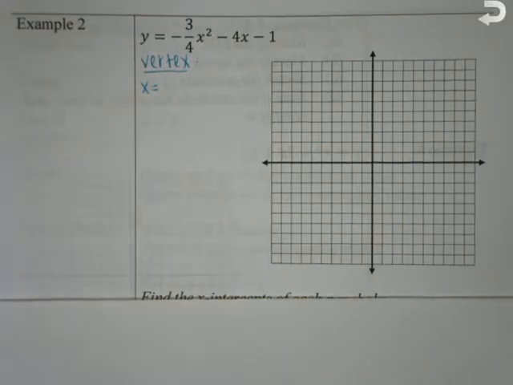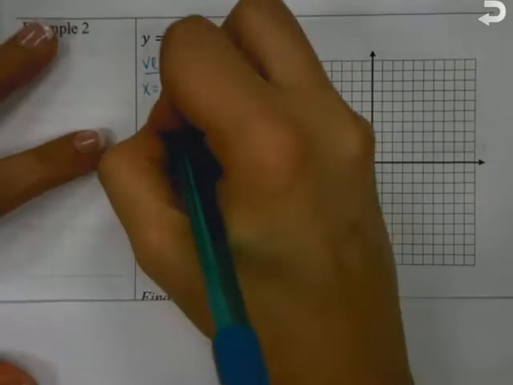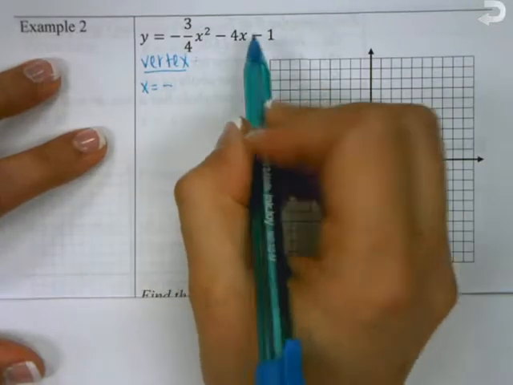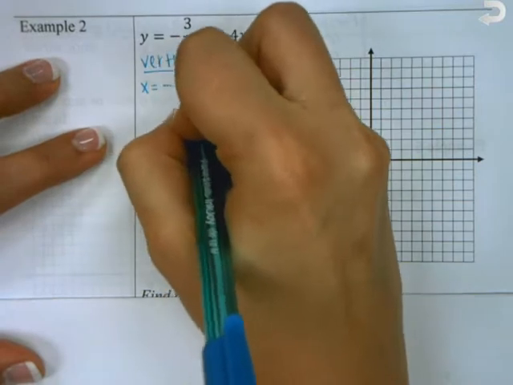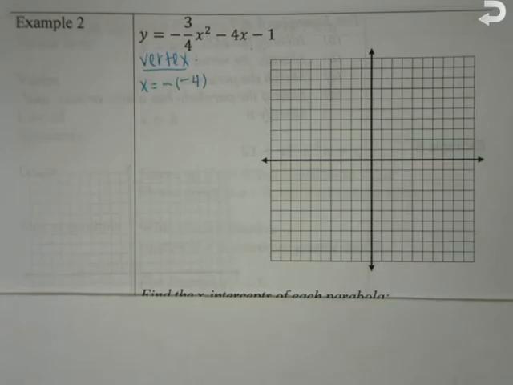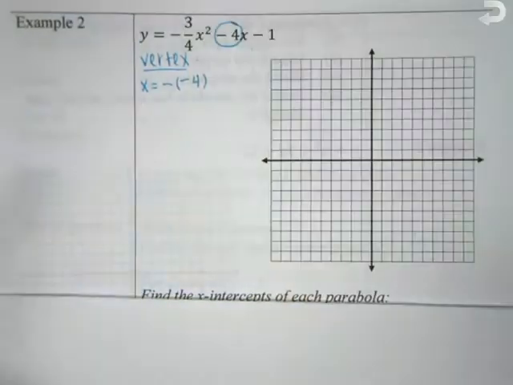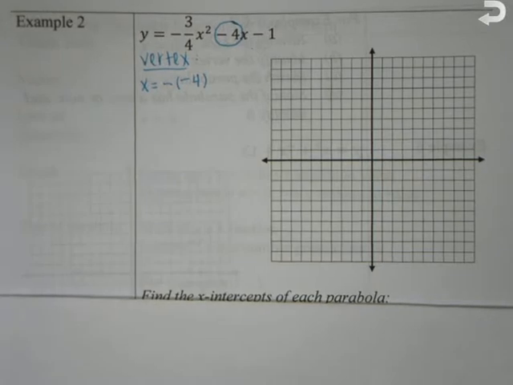I want you guys to remember, whatever b is, it's being multiplied by a negative. So if b already has a negative attached to it, you're still multiplying it by a negative. Okay? So it's kind of like taking the opposite of b, whatever it is. All over 2 times negative 3/4. Oh my gosh, how does that work with a fraction?